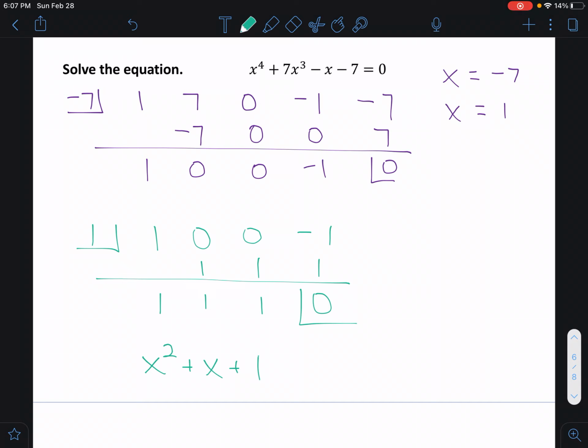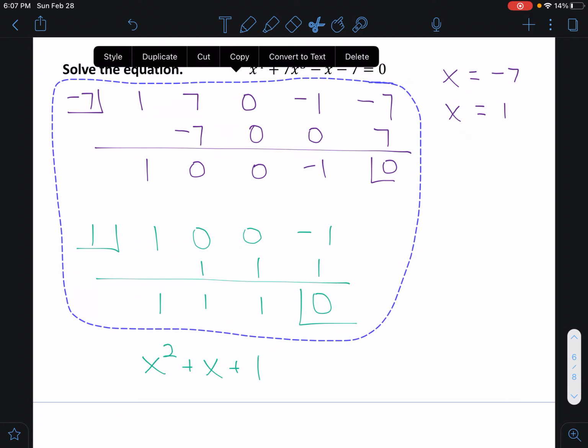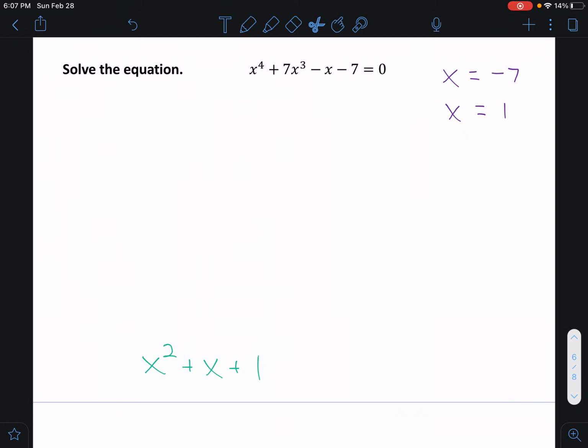So maybe here I decide I'm going to use the quadratic formula to just be sure, because the quadratic formula is safe. So set it equal to 0 now, and I'm going to solve this.